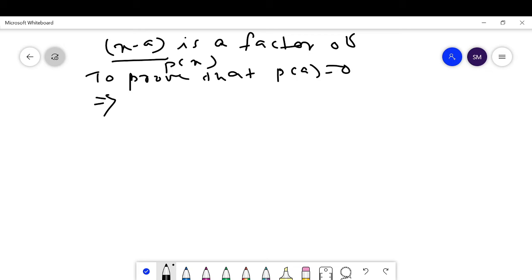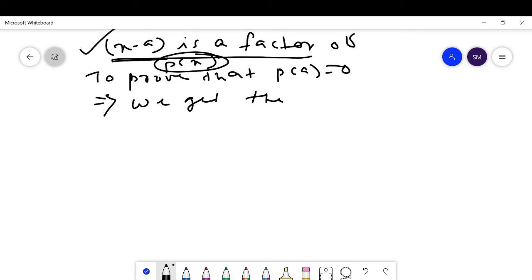By the remainder theorem, if x minus a is a factor of P(x), it means P(x) is completely divisible by x minus a, and we get the remainder 0.